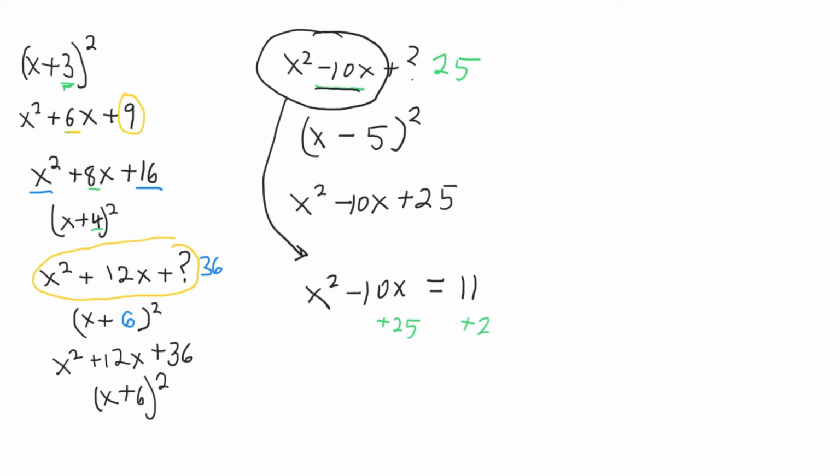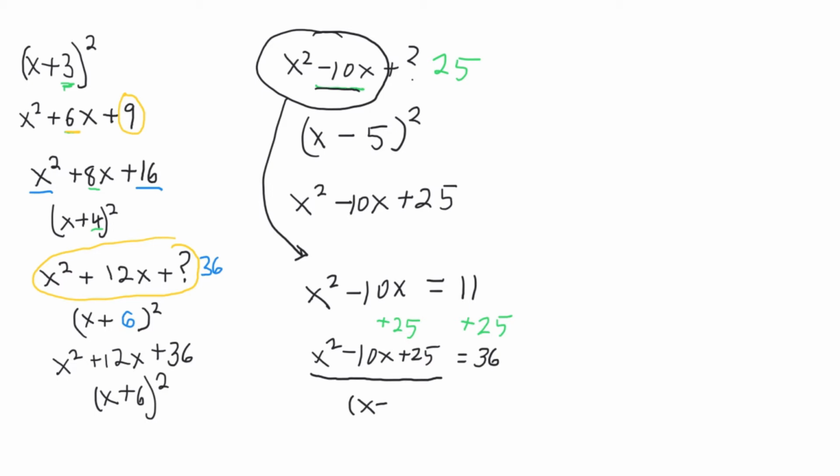And since it's an equation, I'll have to add 25 to the other side as well. So now I have x squared minus 10x plus 25 equals 11 plus 25, which is 36. I don't want to write this as a trinomial because it's a little bit easier to take the square root if I write it as a square.